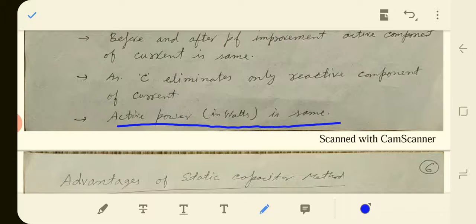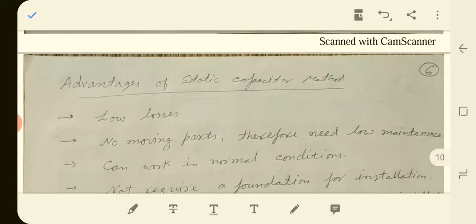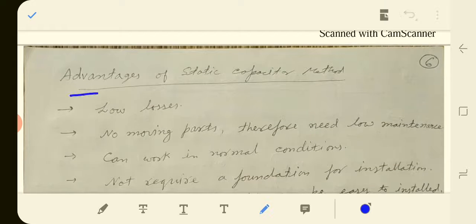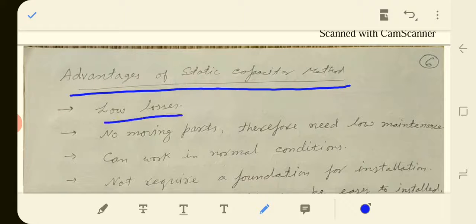Okay, now we will discuss the advantages of the static capacitor method of power factor improvement. The first advantage is low losses, as there is no moving part in a capacitor. As there is no moving part, it needs low maintenance; approximately no maintenance is required.